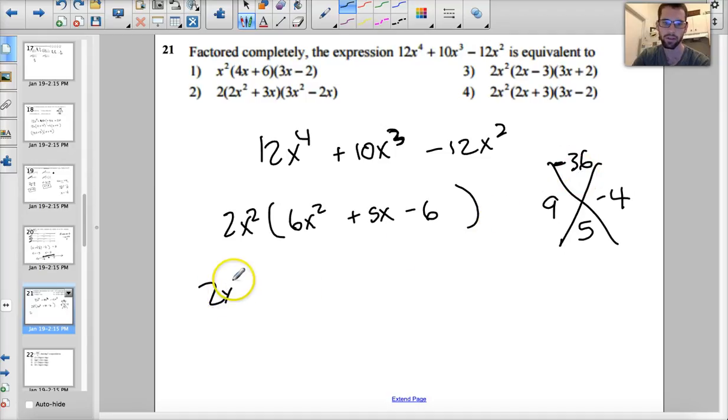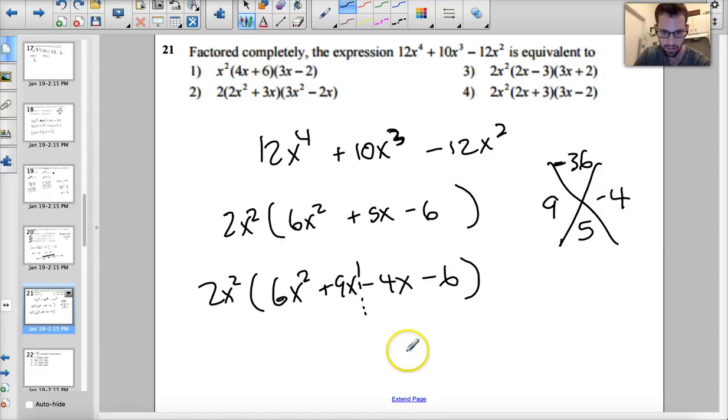So I get 2x squared. I'm going to split everything apart. So I've got a 6x squared plus 9x minus 4x minus 6. Split that down the middle. GCF here is going to be 3x, which leaves me with 2x plus 3.